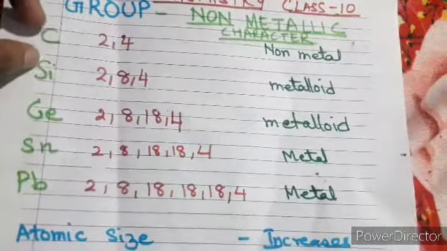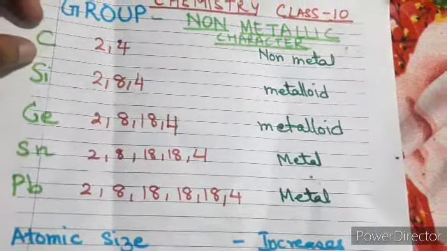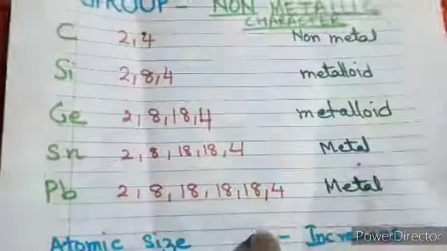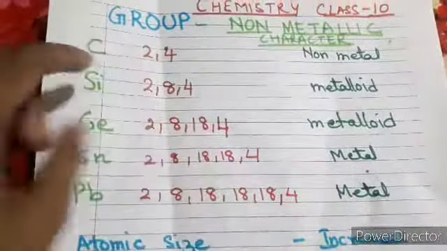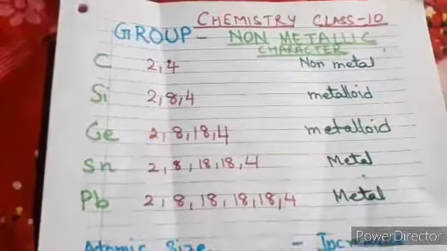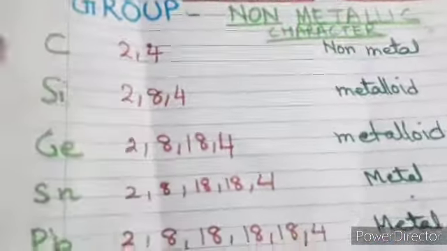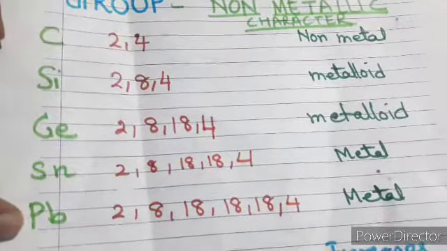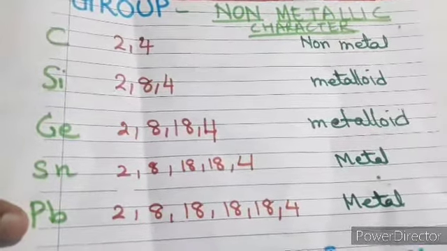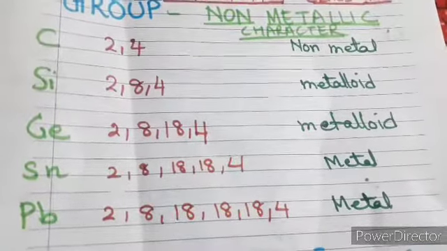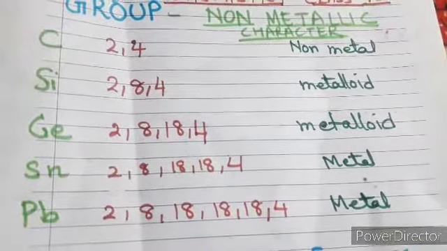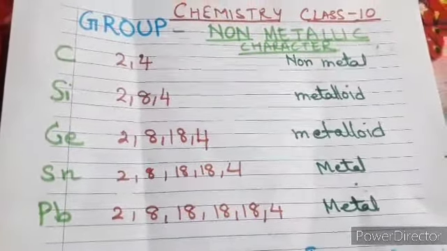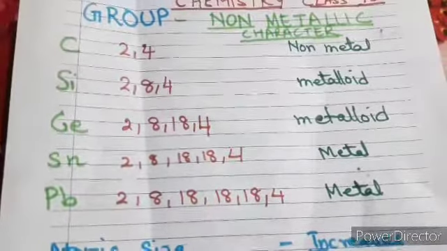On top the element is a non-metal, but when you go down the group, and we always read the group from top to bottom, the first element of this group is a non-metal, but the last element of this group is a metal. Why is this happening, that the first member behaves as a non-metal, in the middle two behave as metalloids, and going down it behaves as a metal?